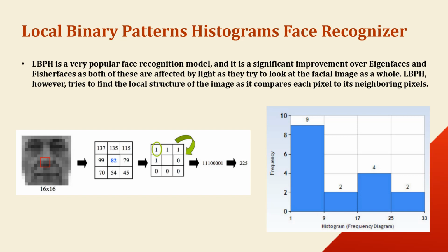It's a significant improvement over eigenfaces and Fisher faces, as both of these get really affected by the kind of light and environment that you're in, because they try to look at the image as a whole. However, since LBPH tries to look at every single point of the image, it's more likely to identify your face in different lighting conditions. We'll get more into the details of how LBPH works soon.